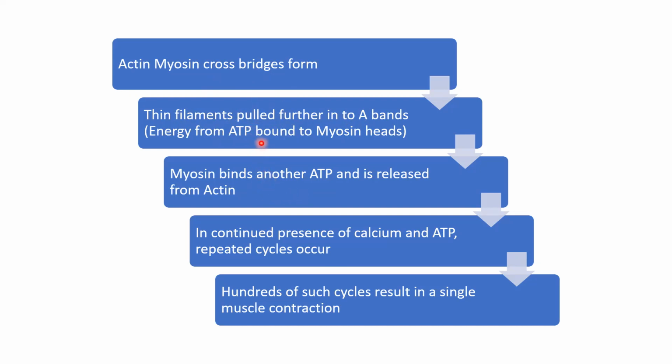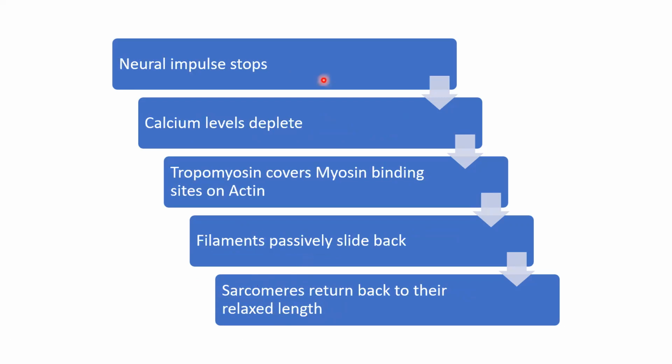So then when it is pulled, ATP is broken down and it binds another ATP, and this occurs as a cycle. Right? There are repeated cycles occurring, and for one single contraction, it requires about 100 of these cycles. So when the neural impulse stops, the calcium is returned into the sarcoplasmic reticulum.